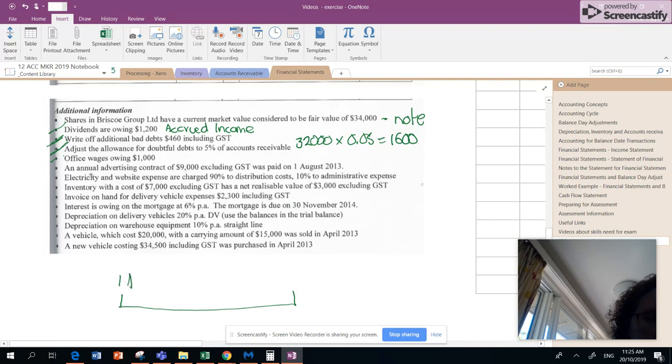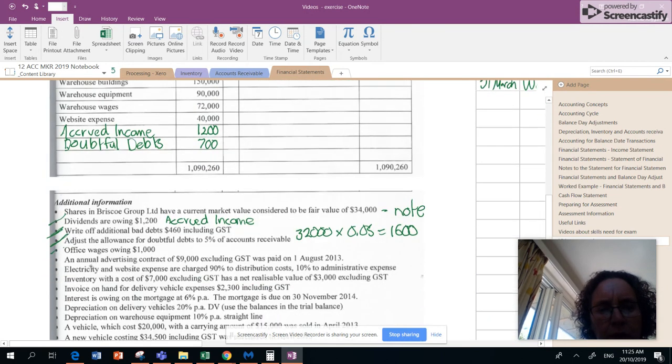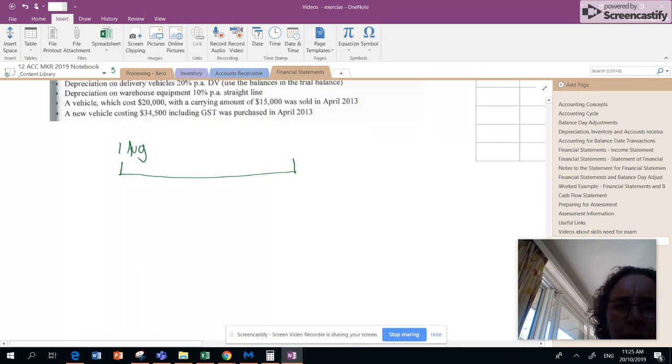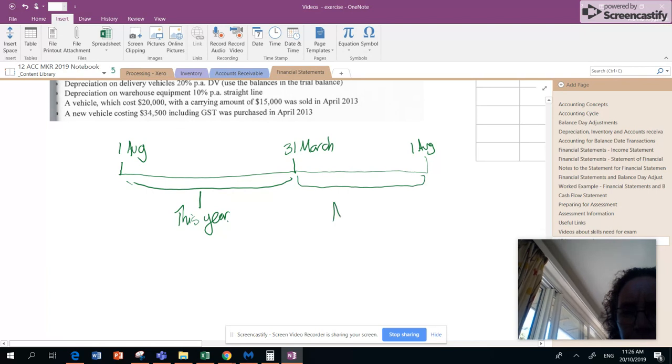So here's the 1st of August, and it's going to last for 12 months, and our balance date is the 31st of March. So that means that it's going to keep going. The insurance is all the way to the next 1st of August. So we need this part for this year. So this is this year's insurance payment, and this is next year's.